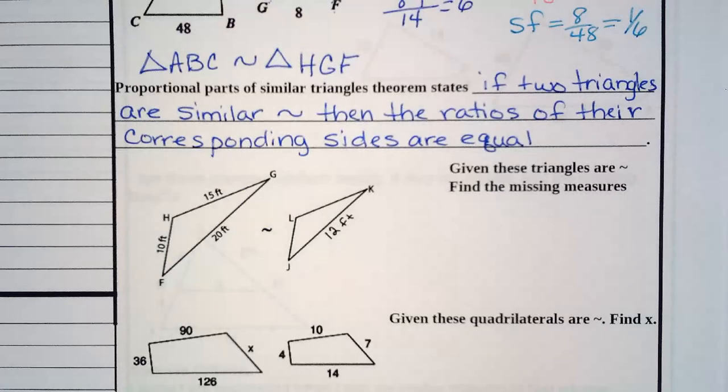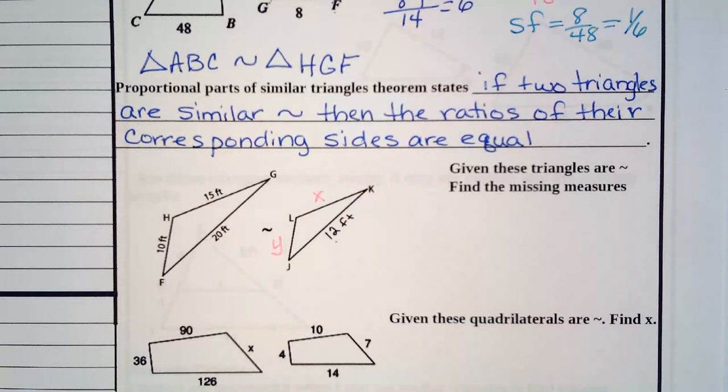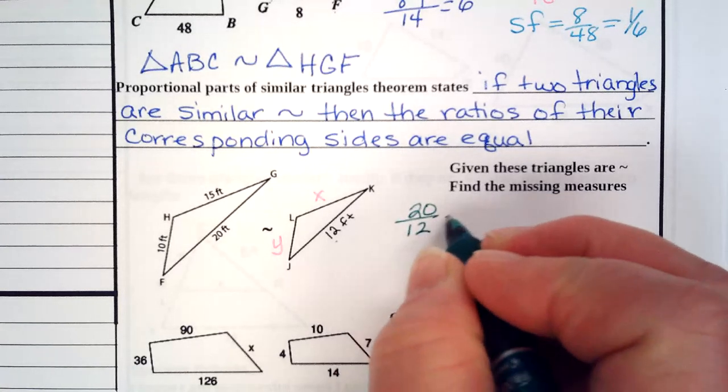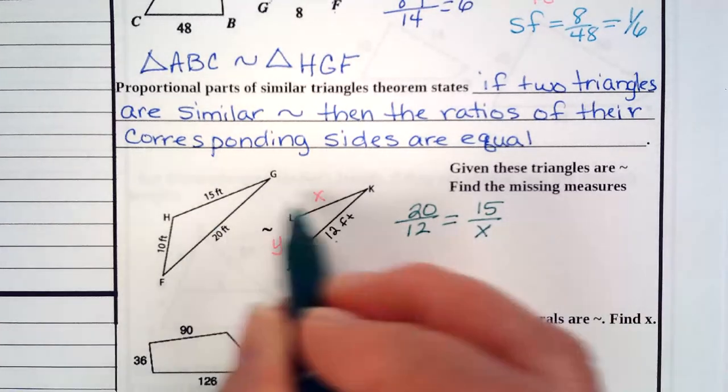Okay, you're told that these two triangles are similar. Find their missing measures. So if we're looking at this, what matches up? 20 matches with 12. So if I call this one X and this one Y, 20 divided by 12 is equal to 15 over X. 15 and X match up.